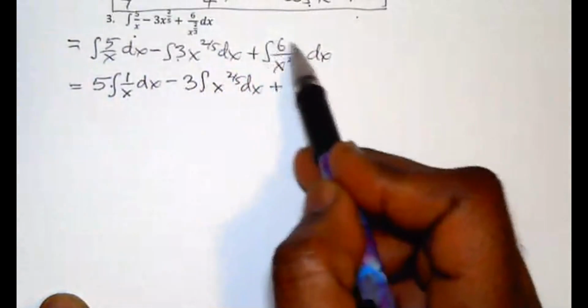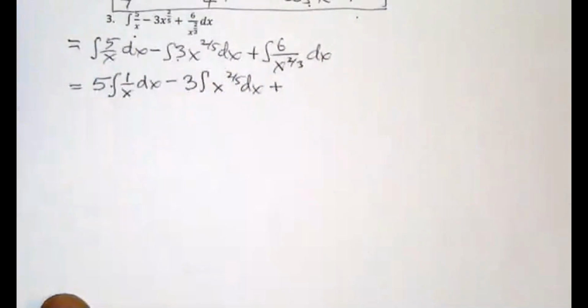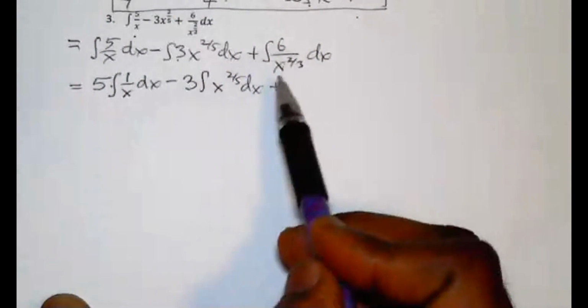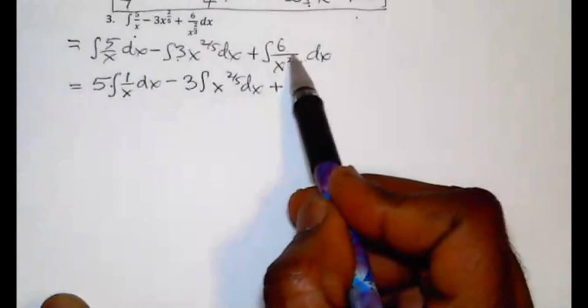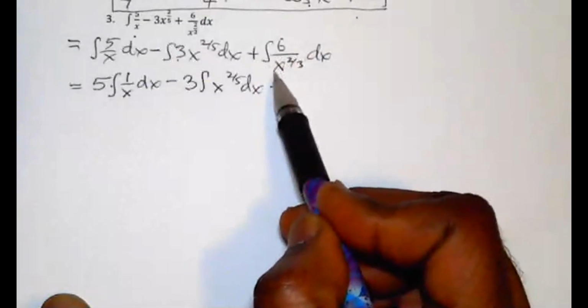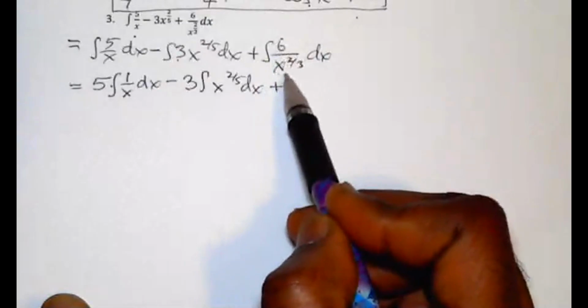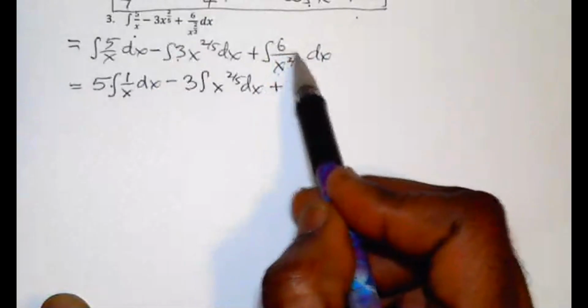What can we do from a previous lesson? What do we know? We know that if I have a fractional exponent in the denominator, I can change this to exponential form.